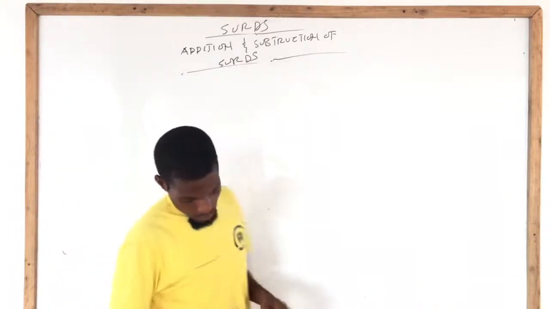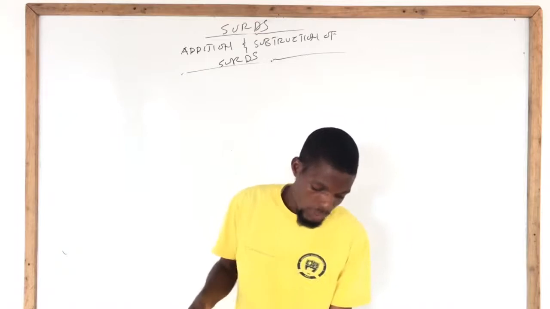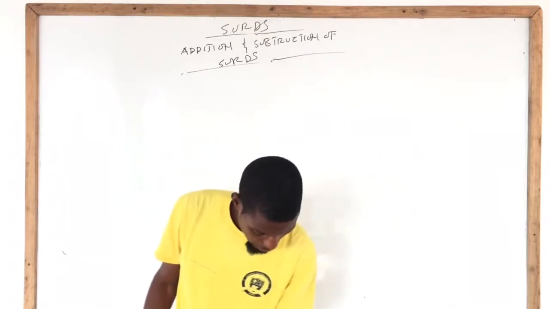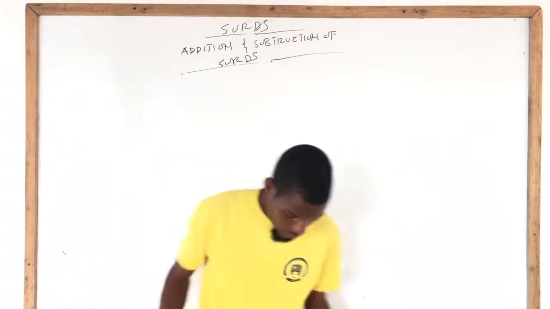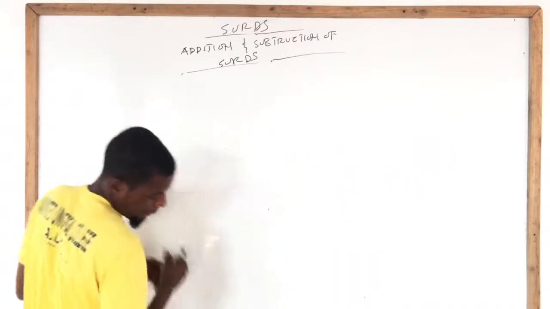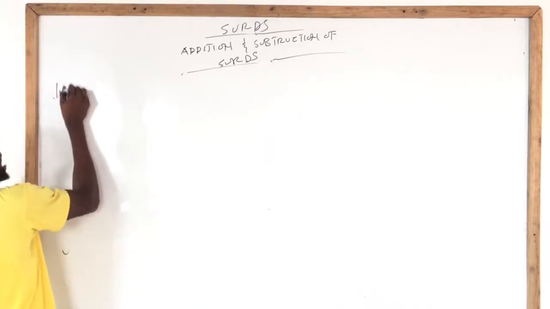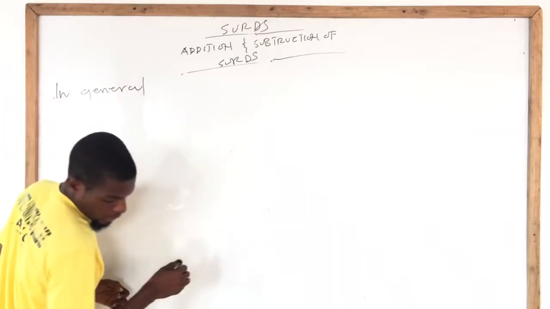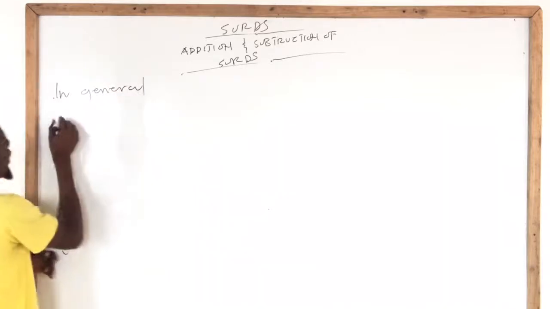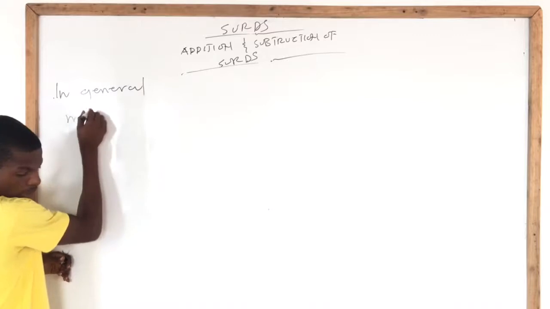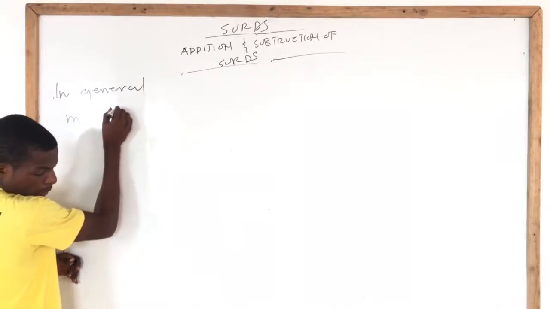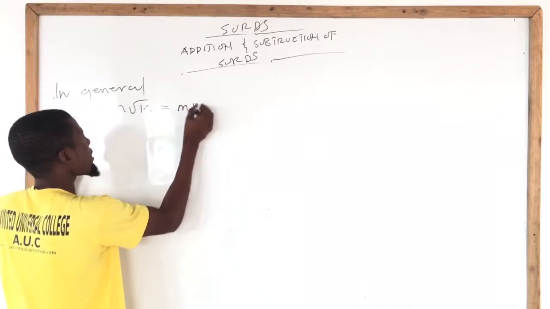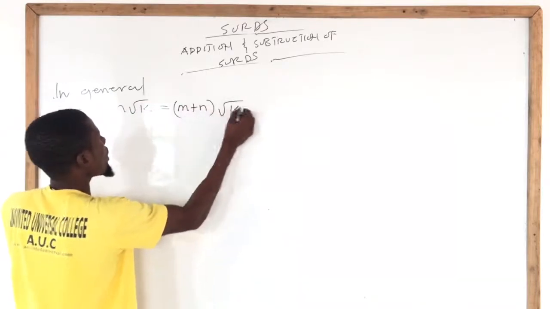Okay. Now, in general, if you are given a common set, a group of sets to simplify, in general, if I have m root k plus n root k, then this is going to give me m plus n root k.